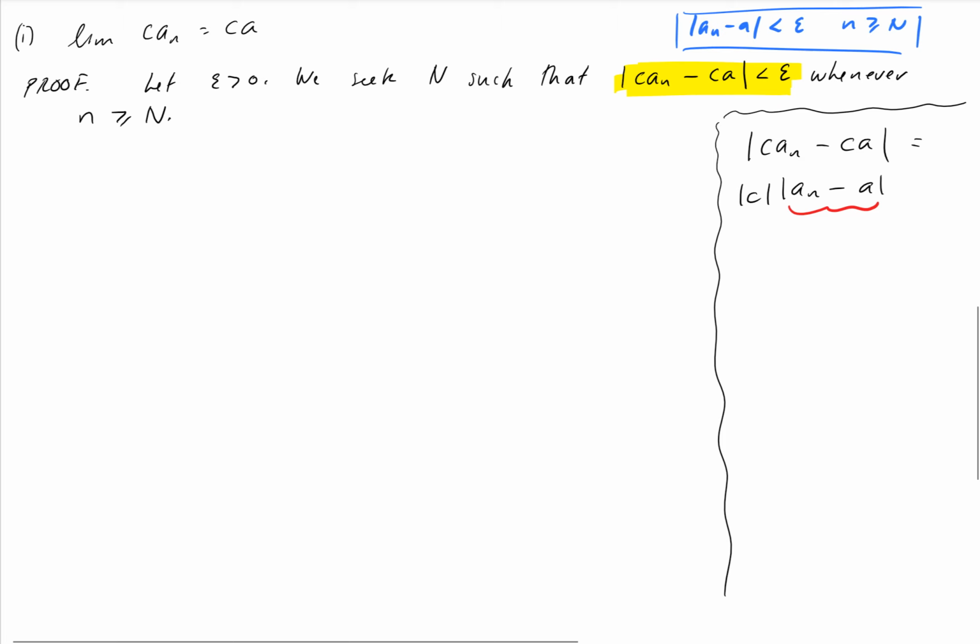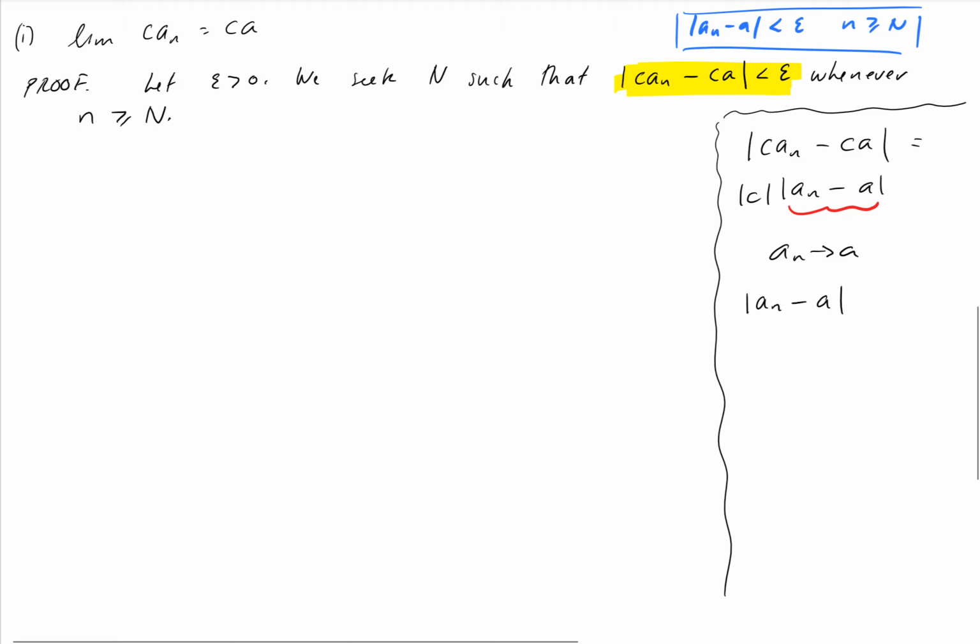Why is that? Well, we know that AN is a sequence that actually converges. We already know that AN converges to A, which means we can make AN minus A as small as we like by choosing our n's to be large enough.